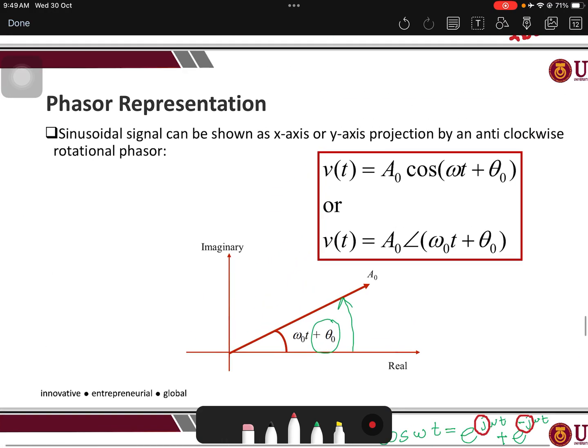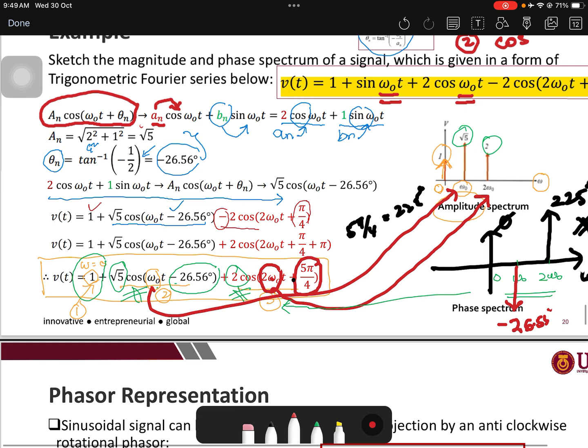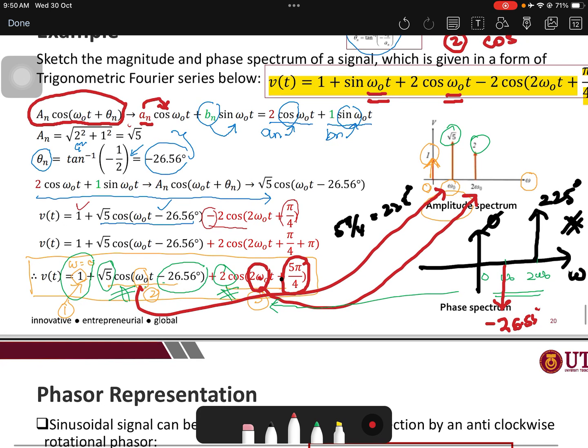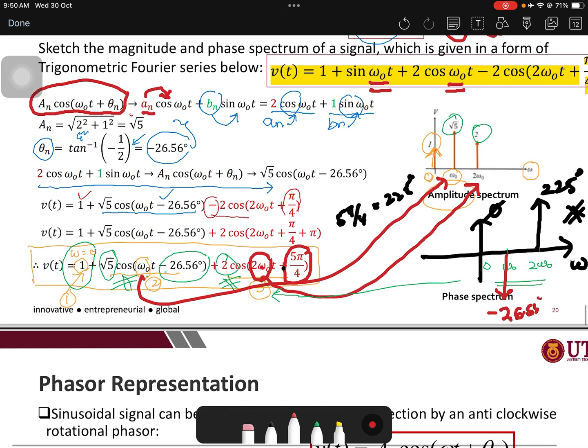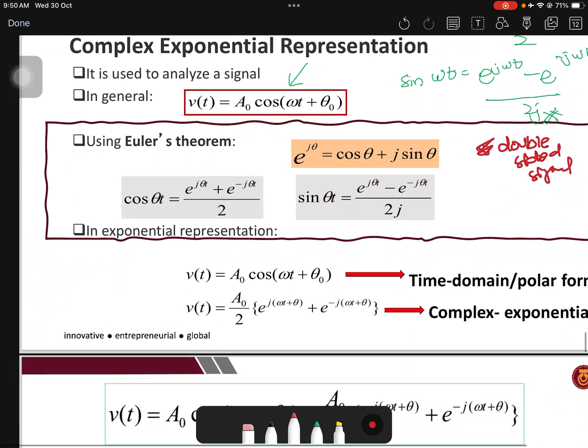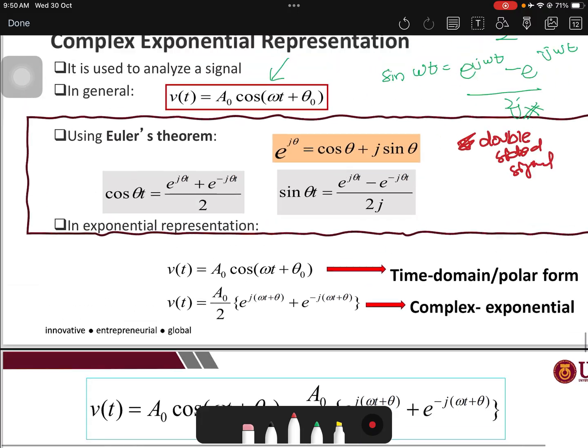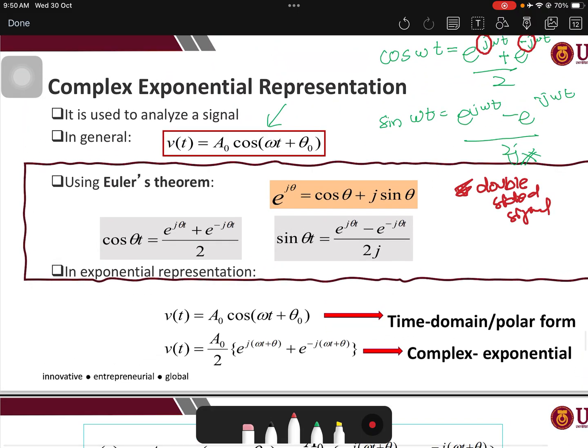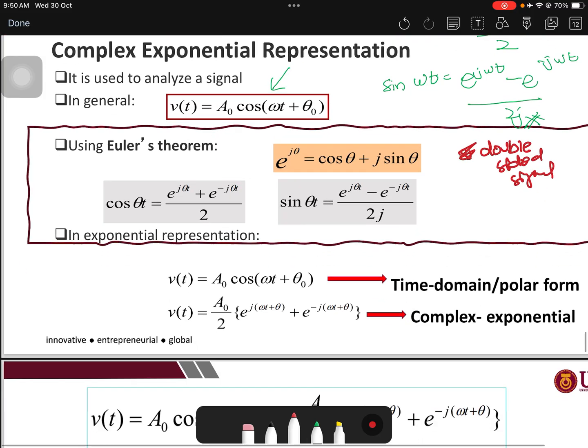Just now, from the trigo, you can only draw the single-sided because you don't have any positive or negative. But if you are asked to convert to the complex exponential representation, you can plot the signal as a double-sided signal.